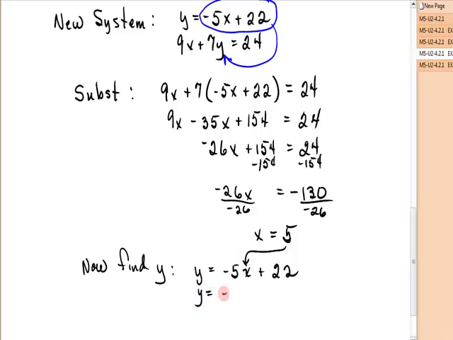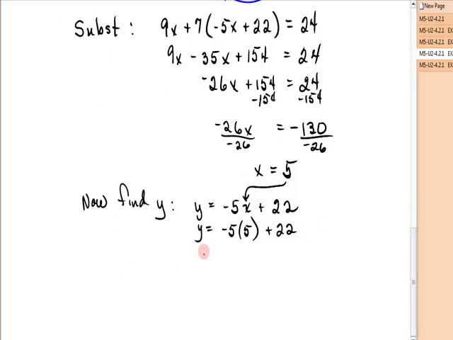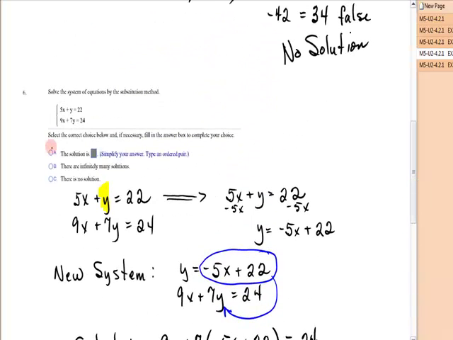Y is equal to negative 5 times 5 plus 22. Y is equal to negative 25 plus 22. Y is equal to negative 3. My ordered pair is 5, negative 3. So I'm back to this. It is 5, negative 3.